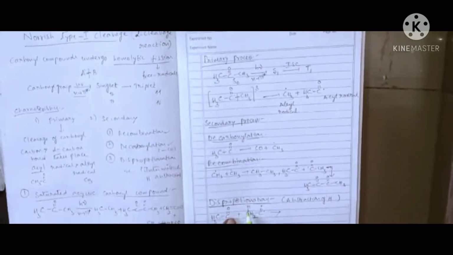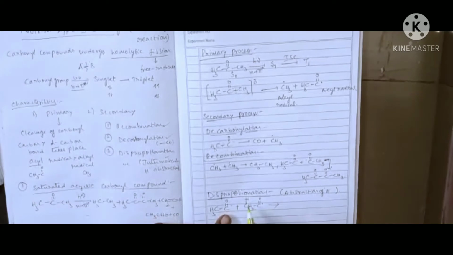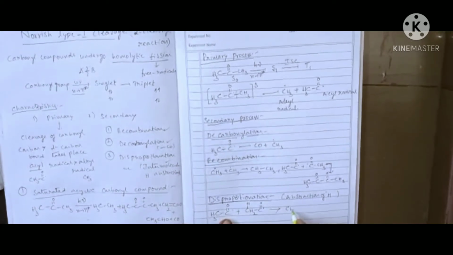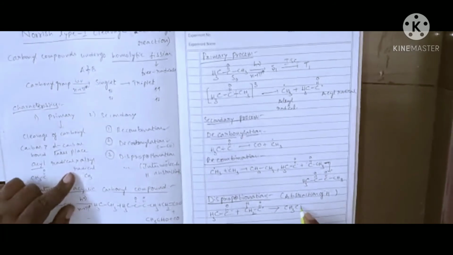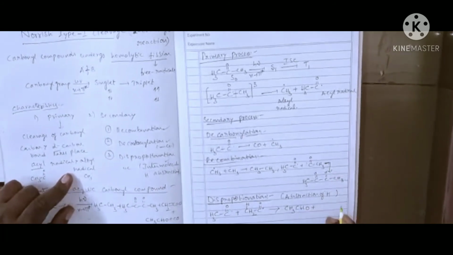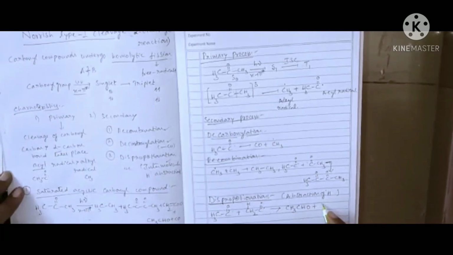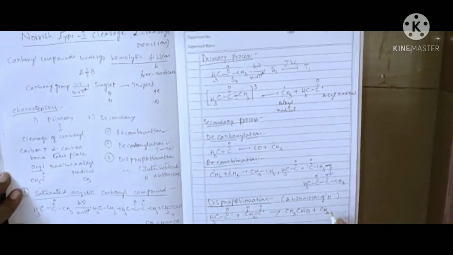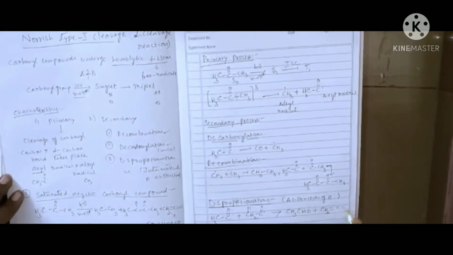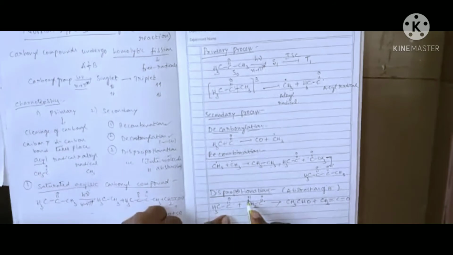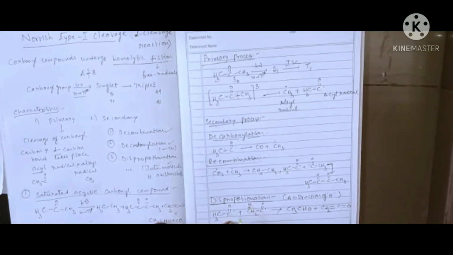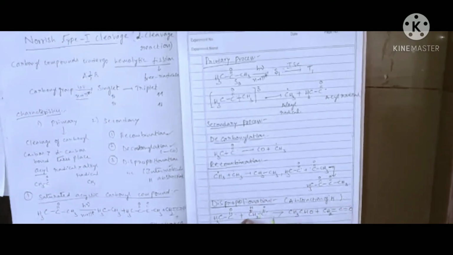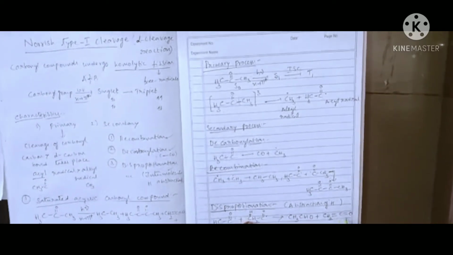So here by the abstraction of this proton, it is converted into CH3CHO plus it is converted into CH2 double bond C double bond O. So here whenever the bond breaks, this radical and this radical react together and form a bond. So CH2 double bond C double bond O.